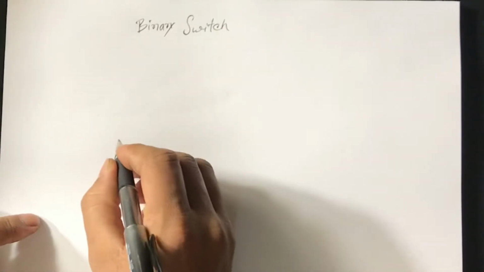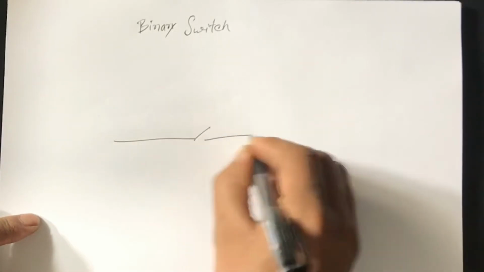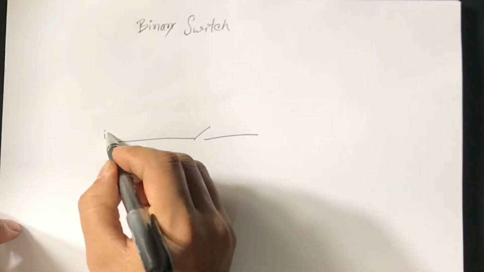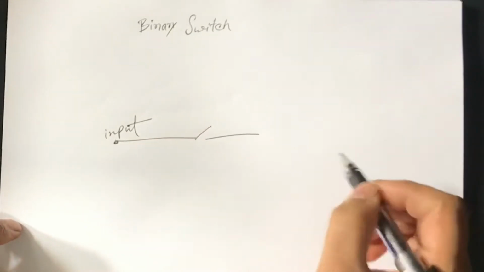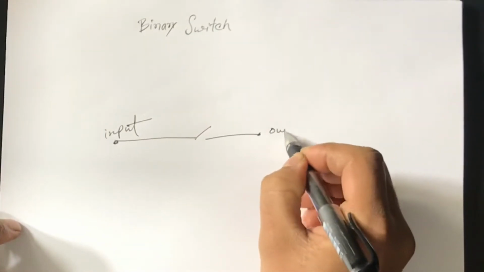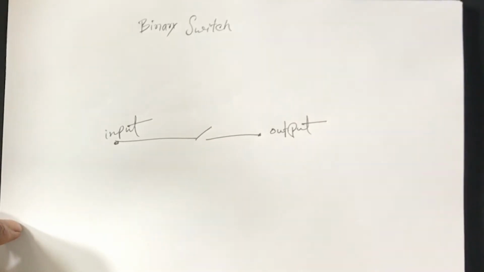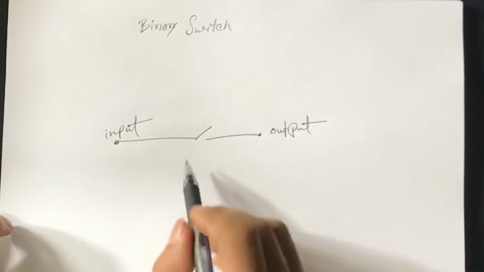If you want to understand the digital circuits, at the very first stage, you have to understand the binary switches. This is a switch. Here is the input and here is the output. And from there, the switch is being controlled.